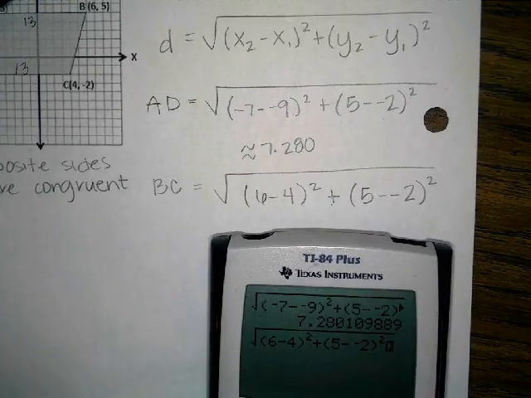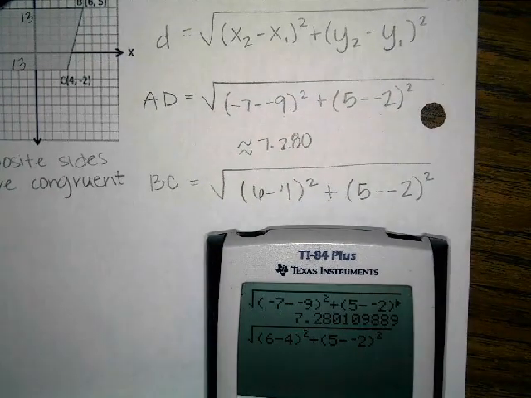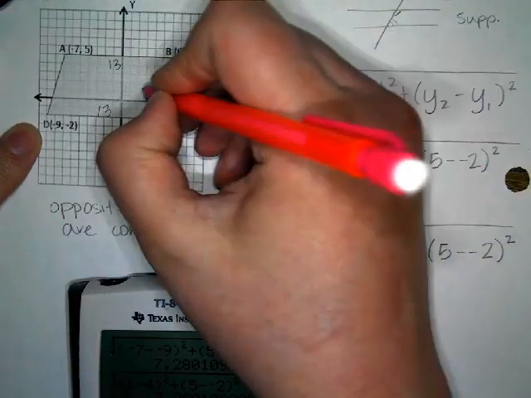Yes? Are we getting the same thing? Okay. So each of these sides is 7.28.